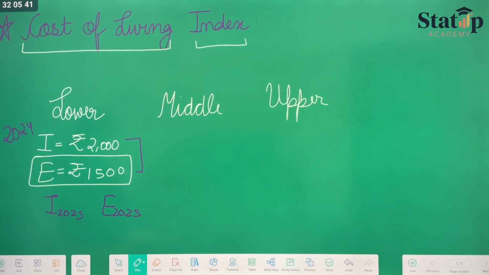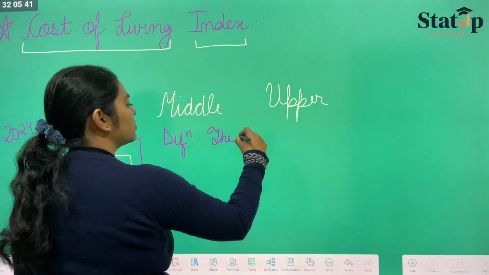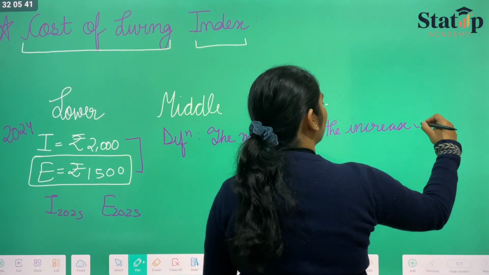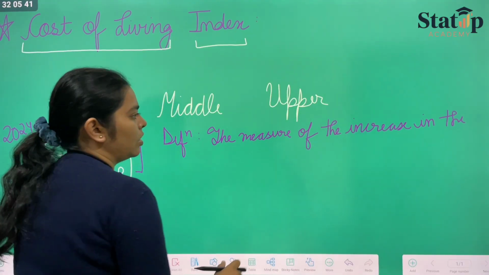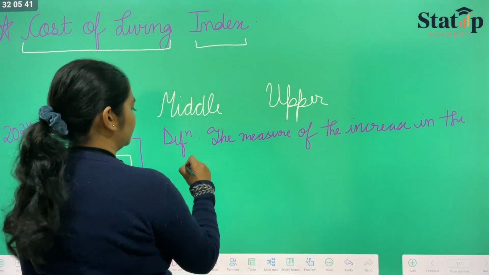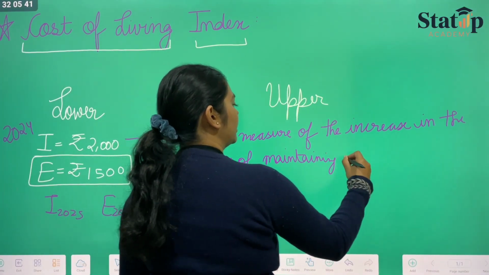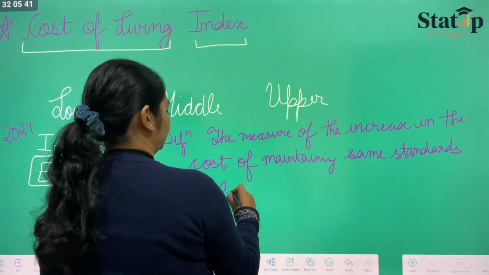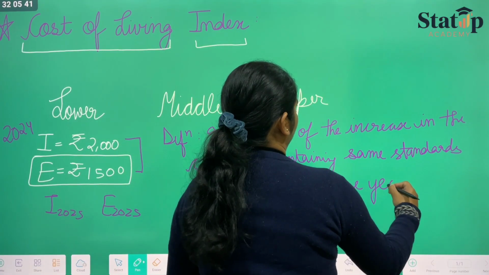So the cost of living index, its definition can be written as: it is the measure of increase in the cost of maintaining the same standards of living with respect to the base year or base period, whatever you can say.